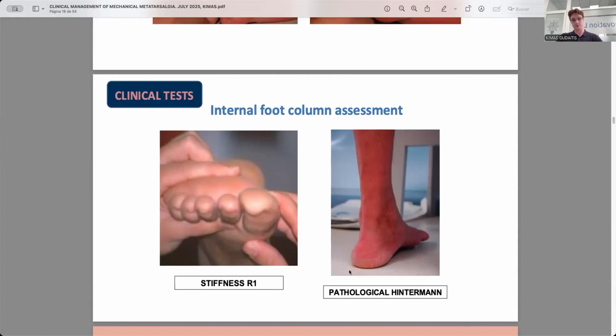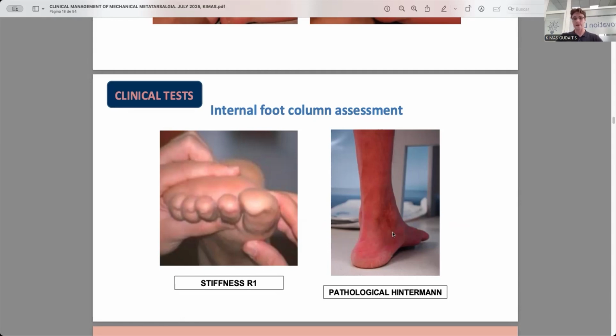This is very important when we're planning our orthopedic treatment, because the insole design must not only reduce pressure on the metatarsal heads, but also help create a first ray with good stiffness. This stiffness allows us to resist the ground reaction forces, to support the body weight, and to reduce overload to the other metatarsals.